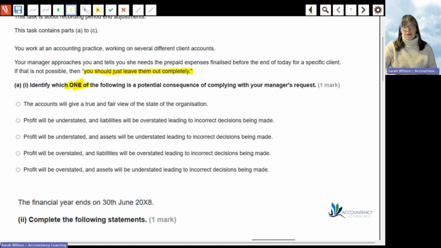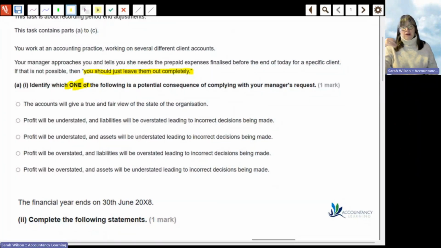So remember that prepaid expenses reduce the cost to a business in a given period. So we prepay our expense. So say, for example, insurance runs from a particular date to an end date, and we will prepay any part of that time frame that doesn't sit within the year end that we're doing.